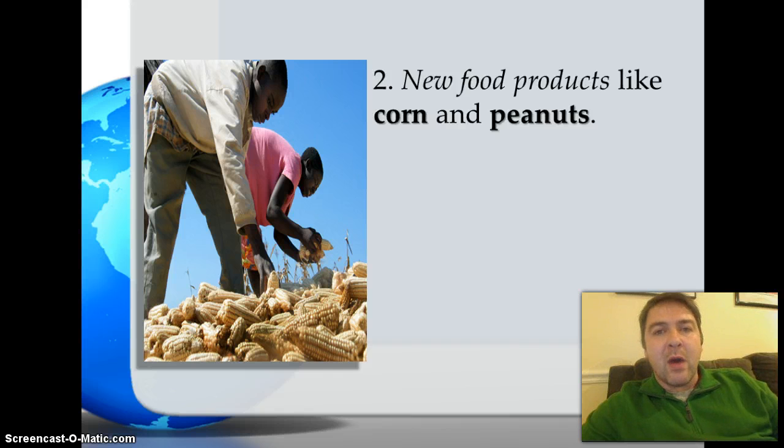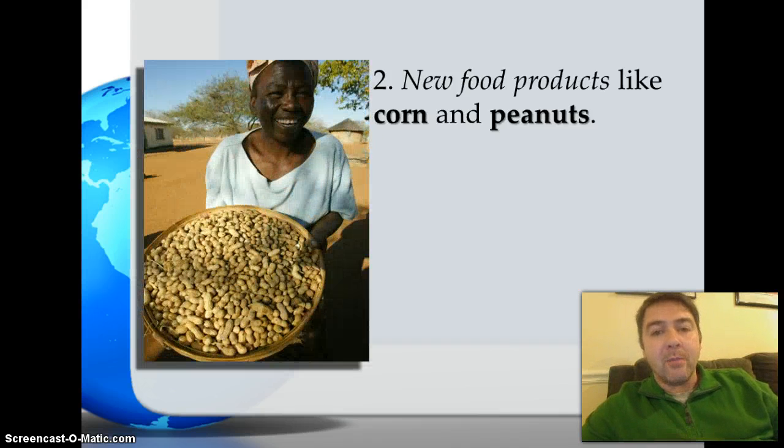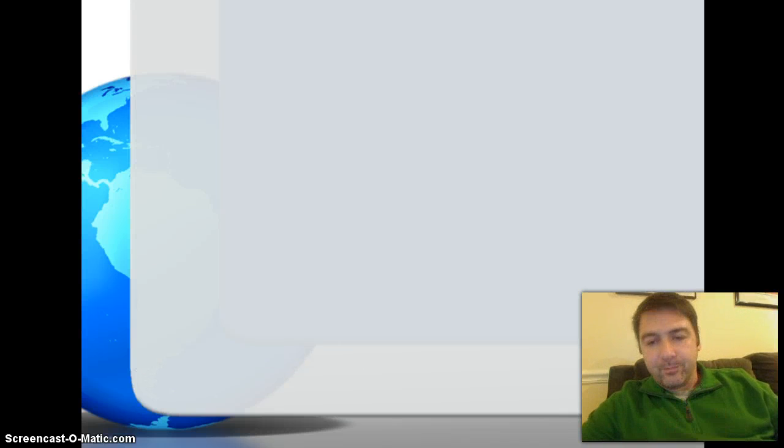But both of these products become caught up in the Columbian Exchange and are then traded across the Atlantic Ocean. Corn in particular becomes a major food crop in Africa and becomes a large part of the diet of people in large parts of Africa. So we see there the two agricultural products traded as part of this.